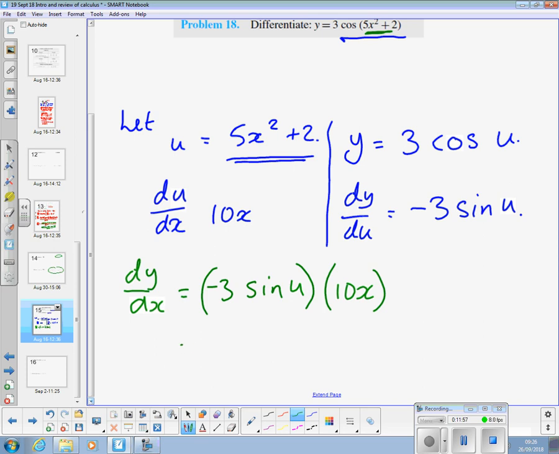Simplify: minus 3 and 10 is minus 30 x times the sine of u.